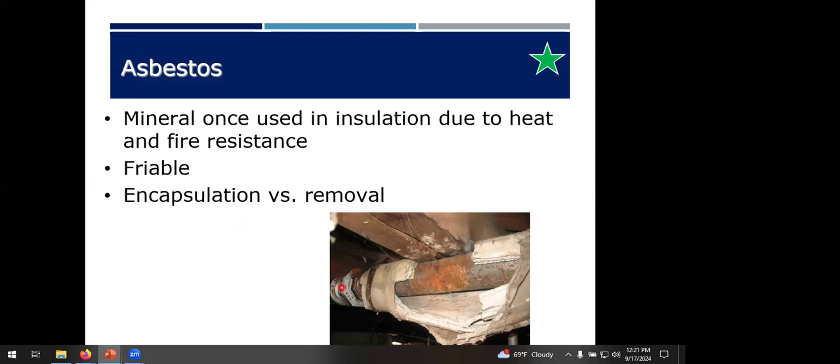If demolition is coming around for a property that was built prior to 1978, when you're pulling that permit for demolition, they're probably going to want to come in and check for asbestos and then properly remove it before you show up with the wrecking ball, before you show up to tear it down.